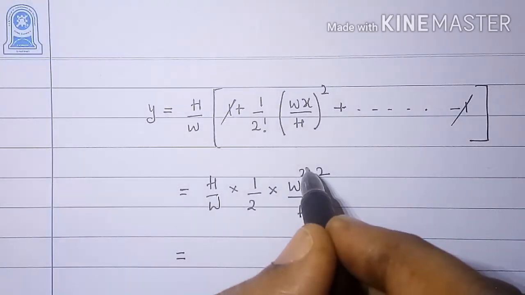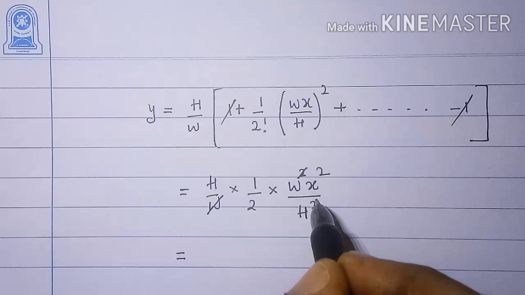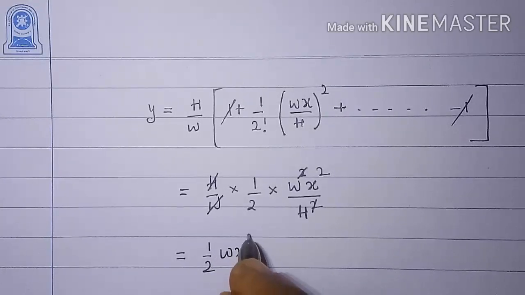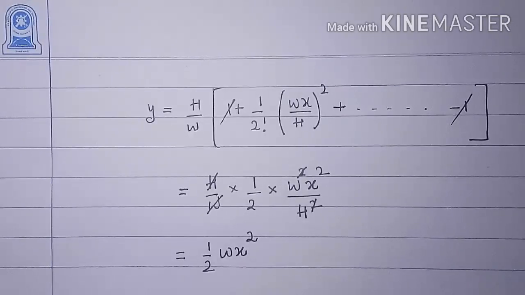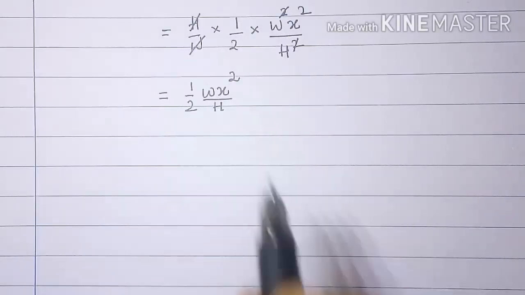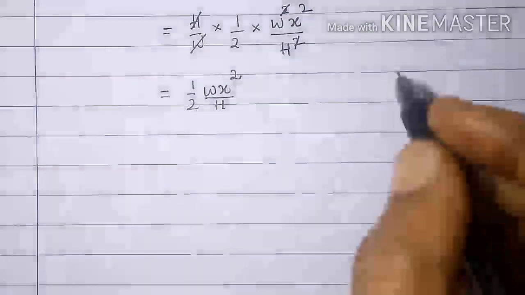Now by cancelling, we get y equal to 1 by 2 into w x square upon h. This is the equation for a parabola.